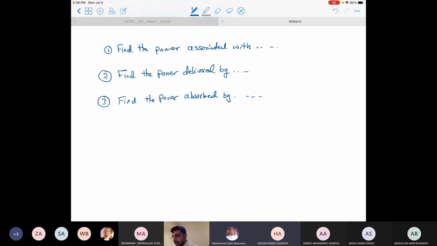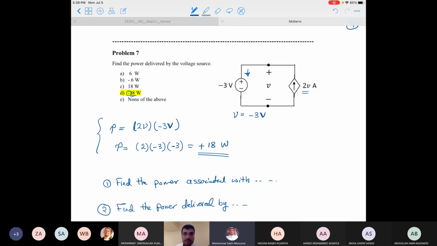Okay. In this case, I tell you it's absorbed, and the solution was minus 18. So you're saying that from the calculation, you notice that this element is actually generating, not absorbing. Right? So you give me the value and the negative sign indicating that my assumption is incorrect.